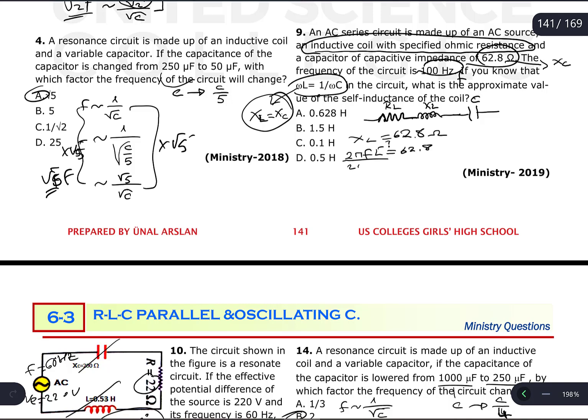Divide both sides by 2 pi f, and 2 pi f will simplify. L is going to be 62.8 divided by 2 pi, which is 6.28. F is given in the question as 100. So the result is going to be 0.1 Henry, which is the correct answer. So C is the correct answer here.